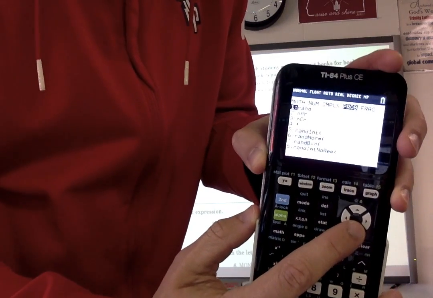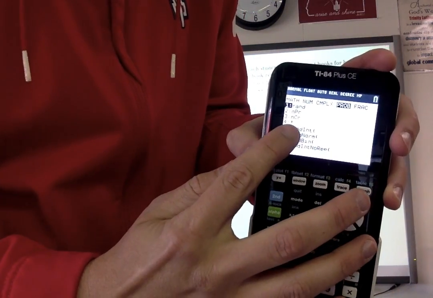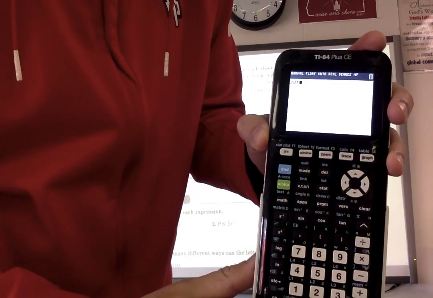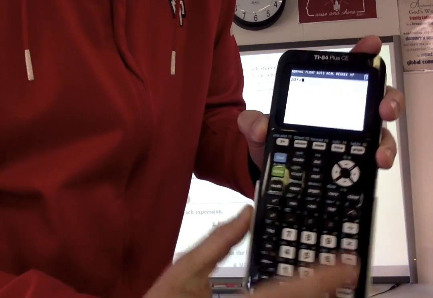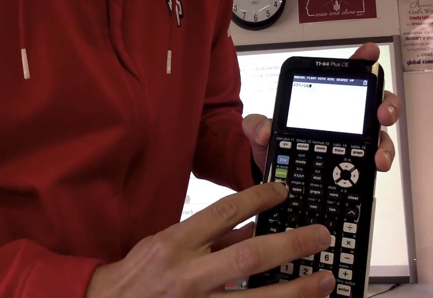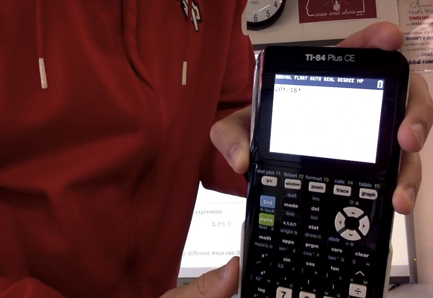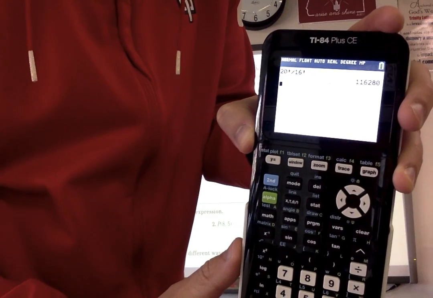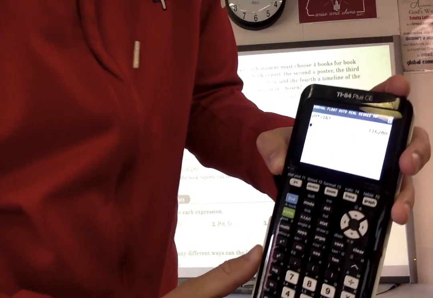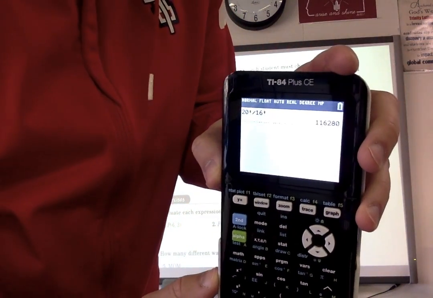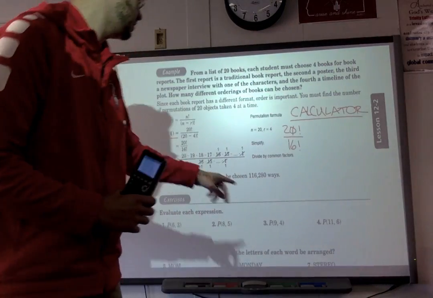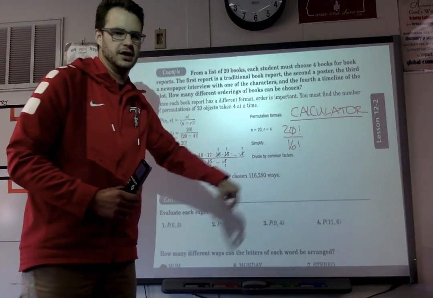Then you can either go down to that 4th option, which is the exclamation point, or you can just press 4. And then we're going to divide that by 16 factorial, so 20 factorial divided by 16 factorial gives us our solution of 116,280. Same solution we get right there.